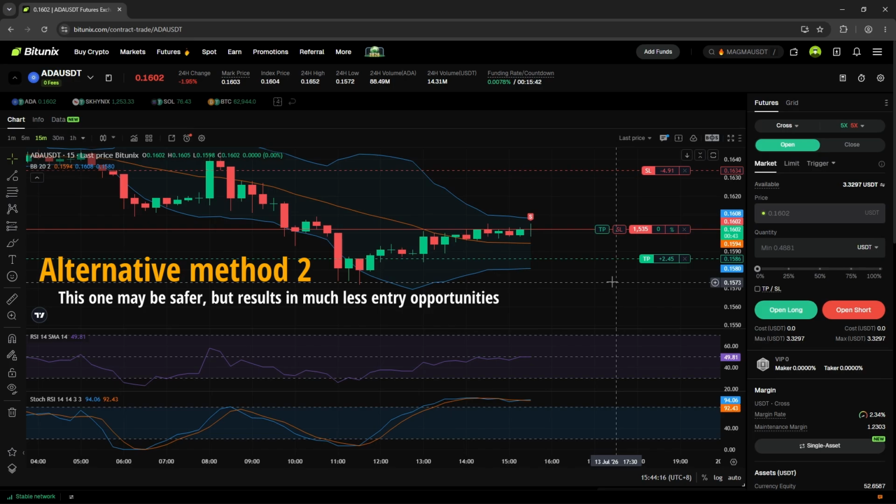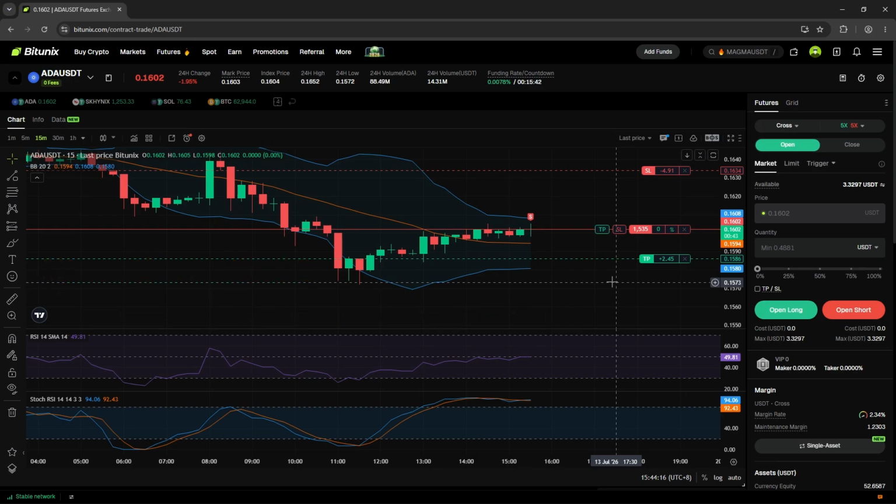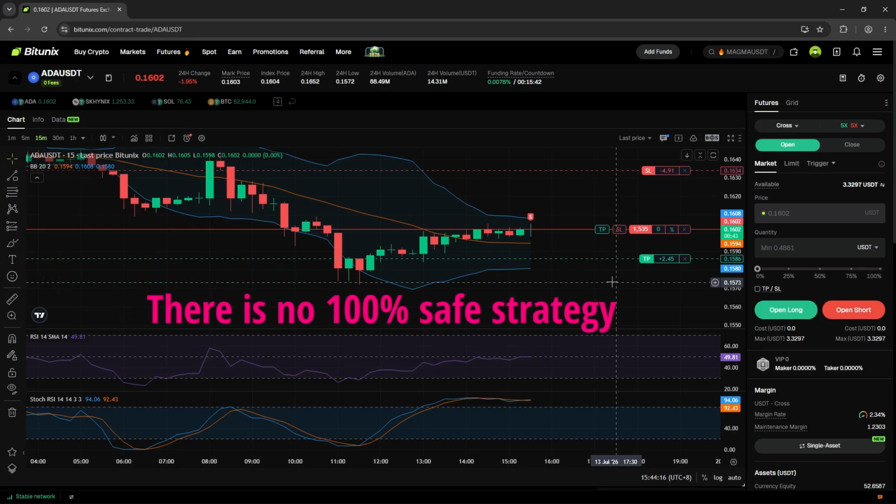In this scenario, you look for Bollinger Band escape to be at 1% and RSI to be below 20 for long positions and above 80 for short positions. This strategy does not include watching stochastic RSI and crossing lines. I also want you to remember that there is no 100% safe strategy. It can be safer than the other, but will always come with risk of losing money.